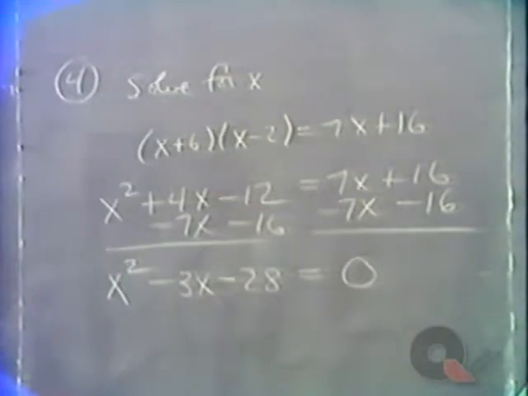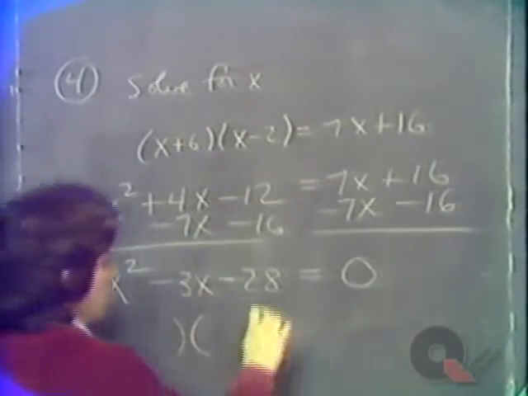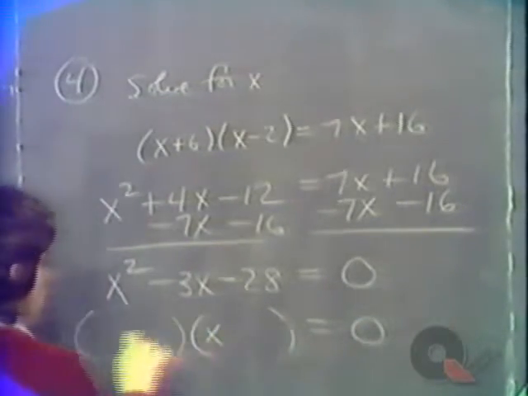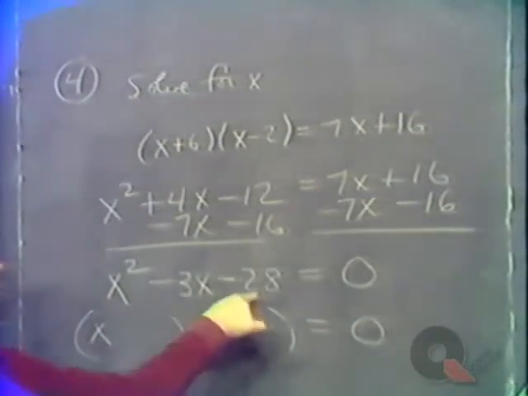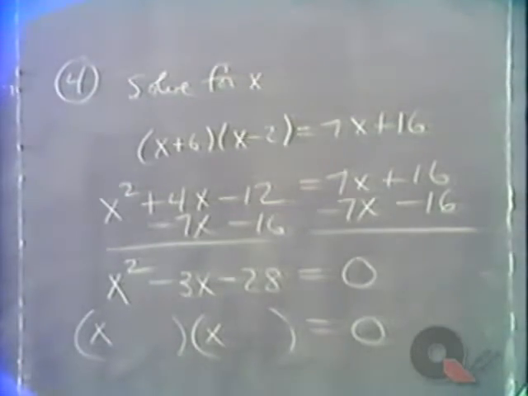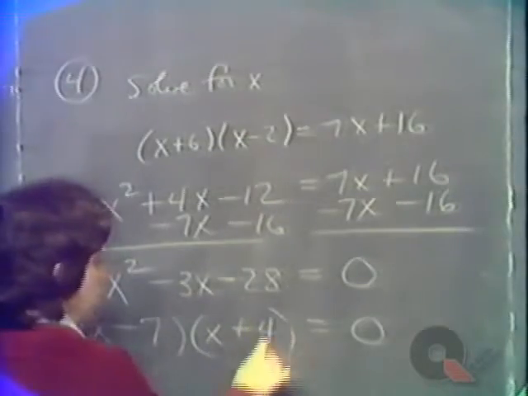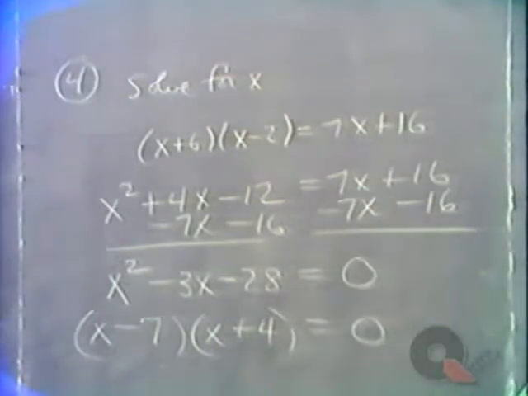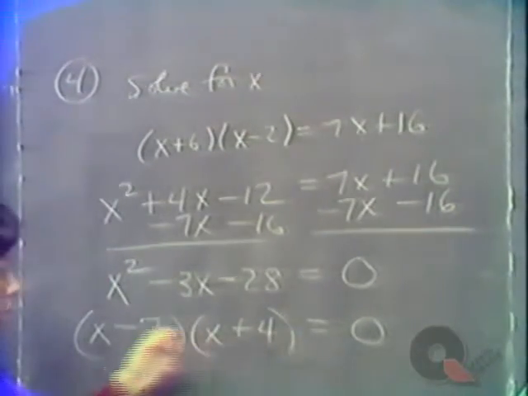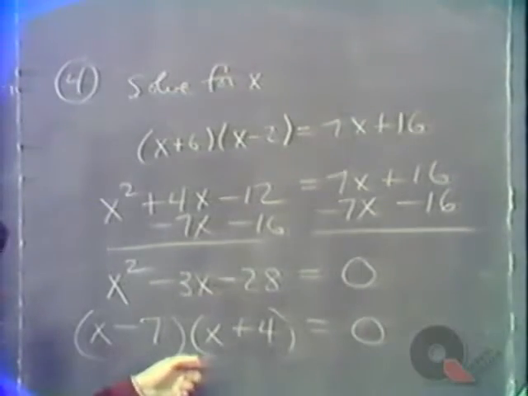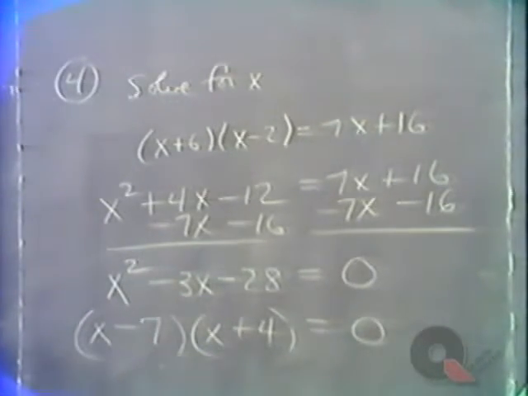And now we want to factor this trinomial, so we're looking for two numbers that multiply to minus 28 and add to minus 3. They are minus 7 and plus 4. And checking that by FOIL, we have x squared plus 4x minus 7x, that's minus 3x, minus 28.